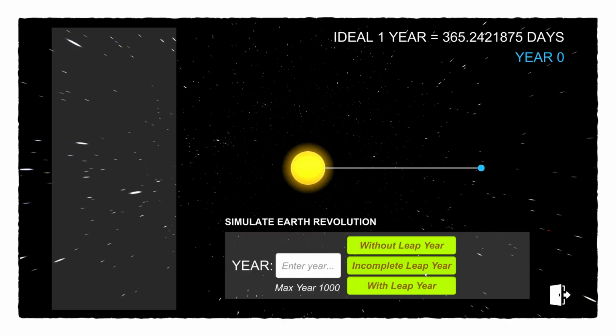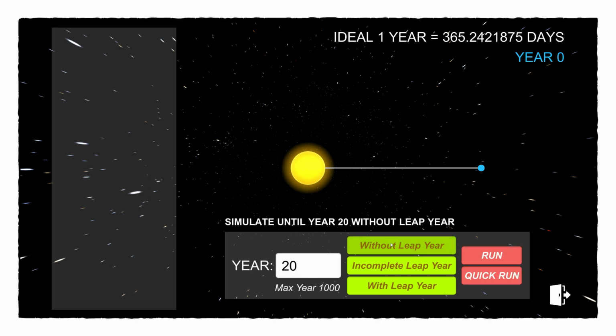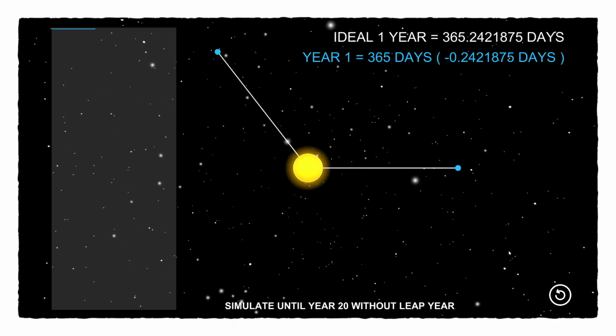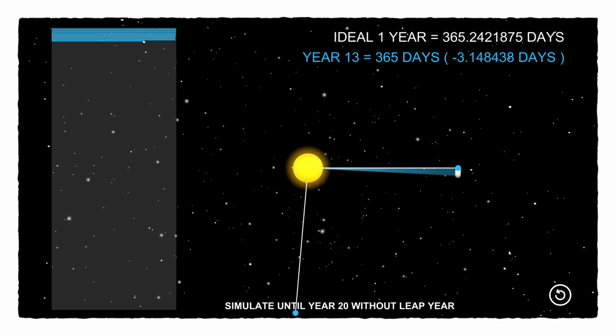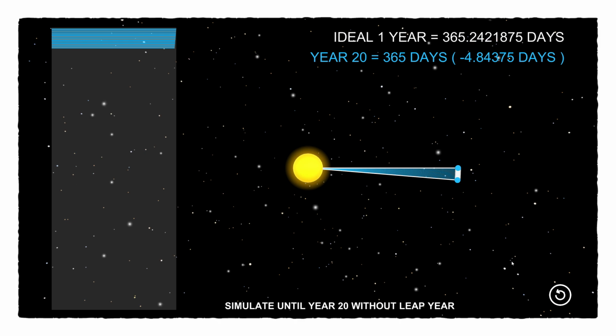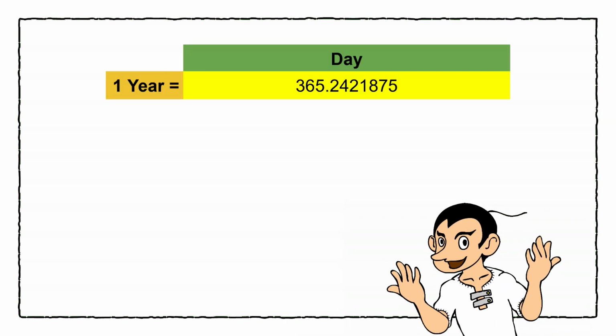And if we continue to simulate the Earth's revolution without any leap year until year 20, the Earth has lost around 4.8 days, or almost lost 5 days. This happens because we took 0.2421876 days from a year and rounded it down to 365 days for each year.